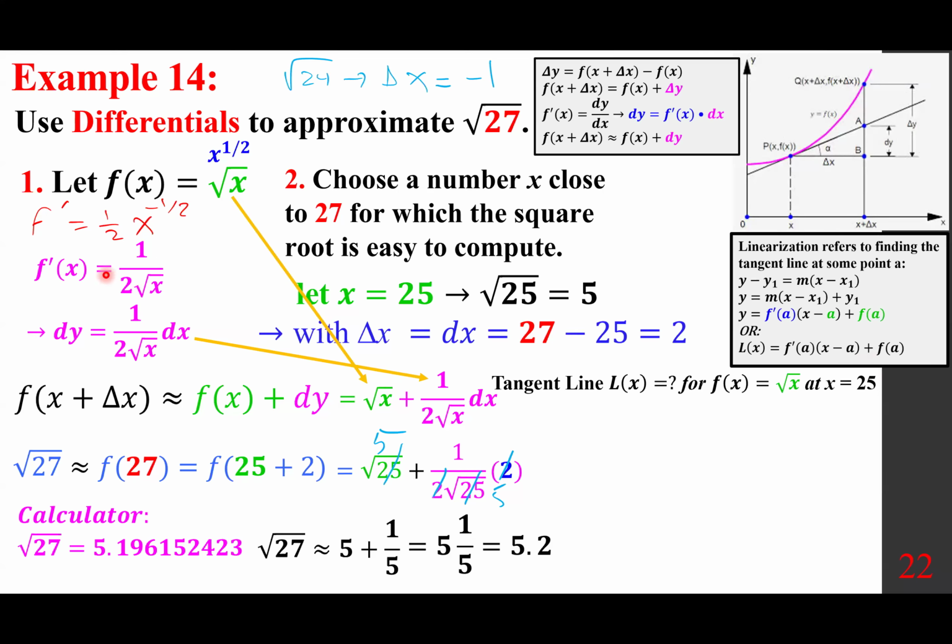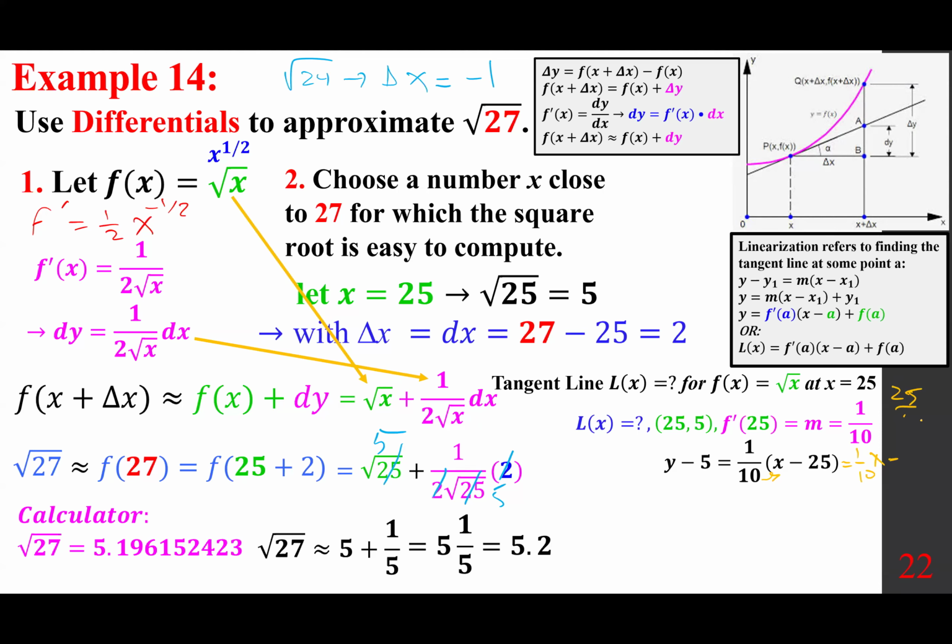You put it into the derivative. 1/2 times, remember this is 25 comes out as 5, 1/10. So I'm hoping nobody has any problem with those numbers. Y minus y1, which is 5, equals m, 1/10, times x minus x1, which is 25. So if you distribute, this gives you 1/10 times x minus 25 divided by 10, which is 5/2.